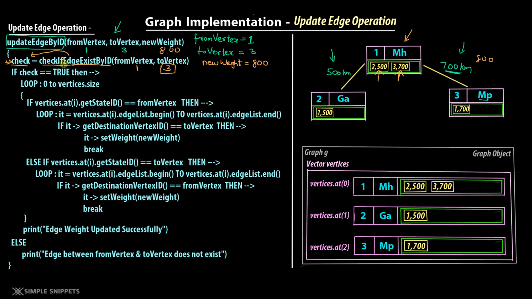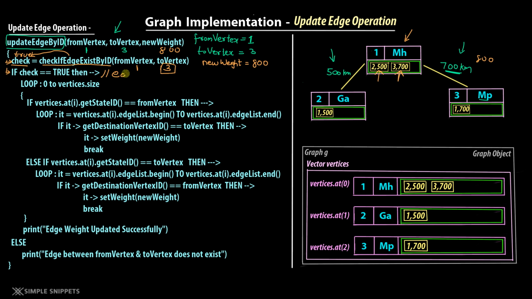I'm not going step by step explaining this user defined function, check if edge exists by ID, because we've done that previously and it will just take up our time. Basically it will return true, and then we will do an if and else check. If check equals true, it would mean that an edge exists between 1 and 3, that is Madhya Pradesh and Maharashtra.